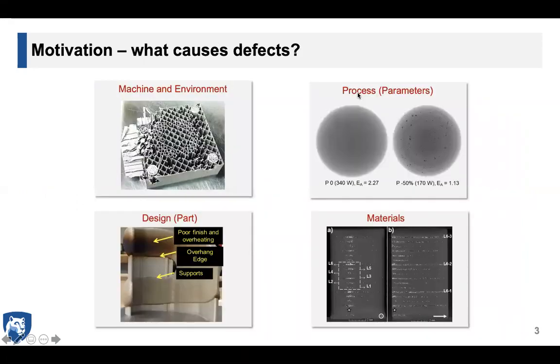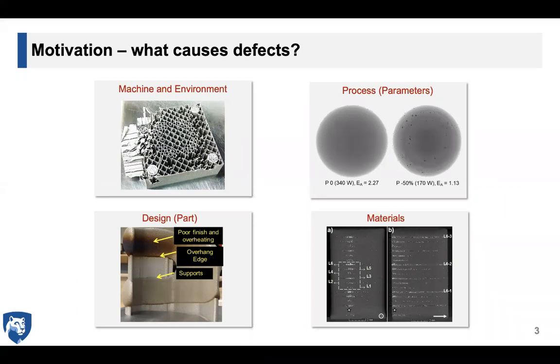There are 4 main categories of factors that are causing the defect problems in the parts. The first one is machine environment. For example, you may get different output from different machines. The second one is process parameters. For example, when the laser power is low, then we don't have enough energy input.